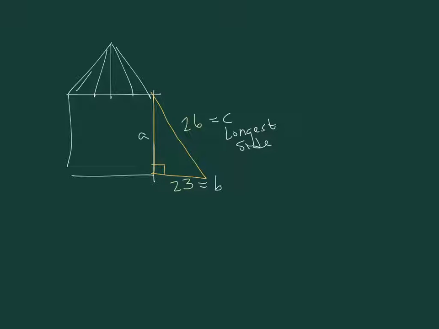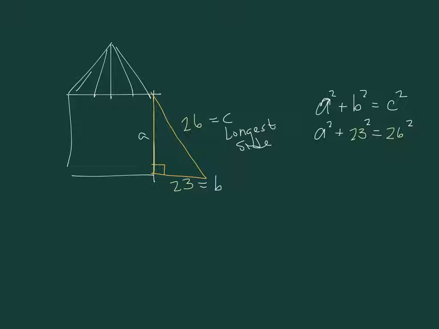Alright, so let's go ahead and do this. A squared plus B squared equals C squared. A squared is just going to remain as A squared plus 23 squared equals 26 squared.